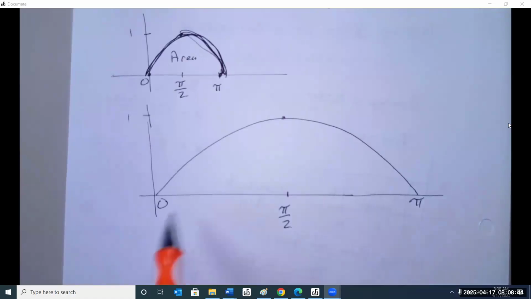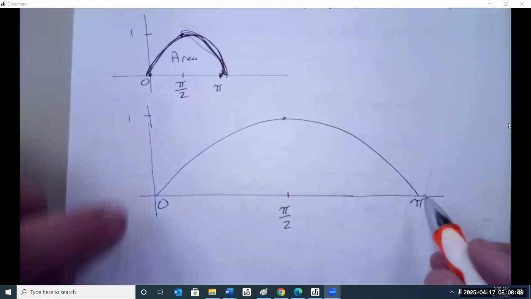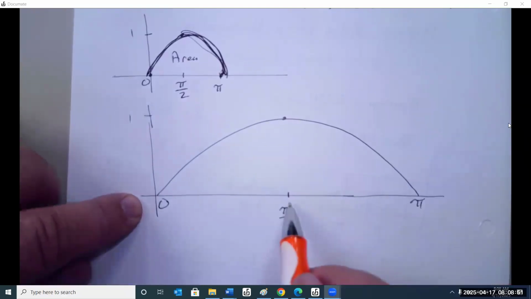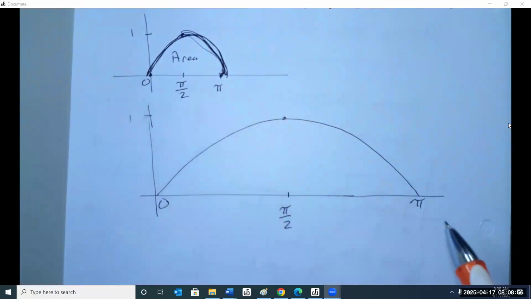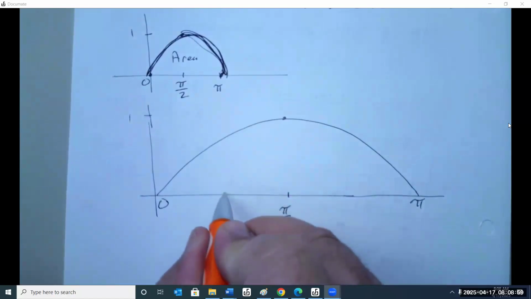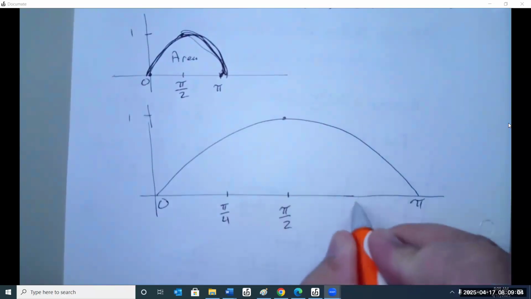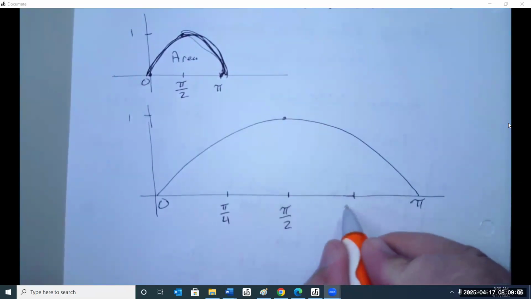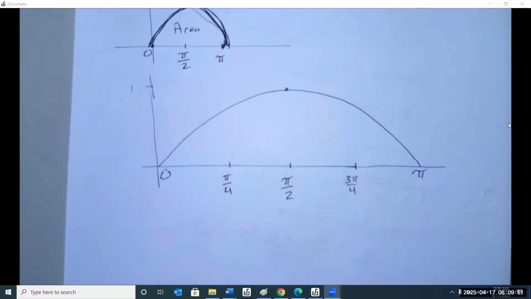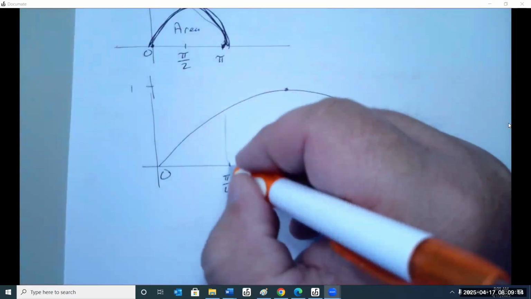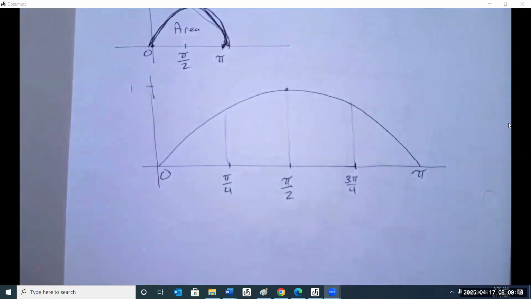What we have to do is break this up into smaller subintervals. Right now, we're looking at 0 to pi. We could use 0 to pi over 2, and then pi over 2 to pi. Or we could use 4 subintervals. And then we would look at each one of those and find the areas of them.